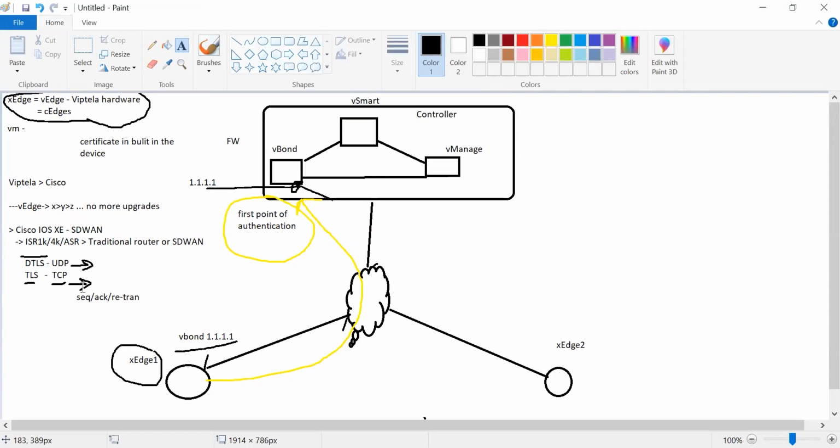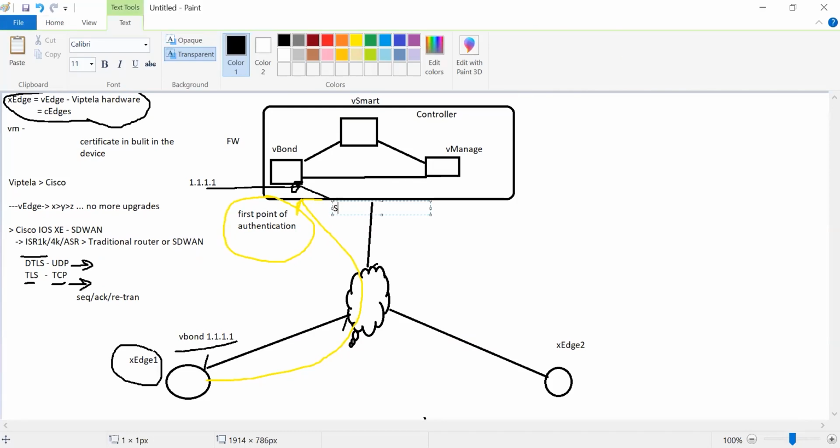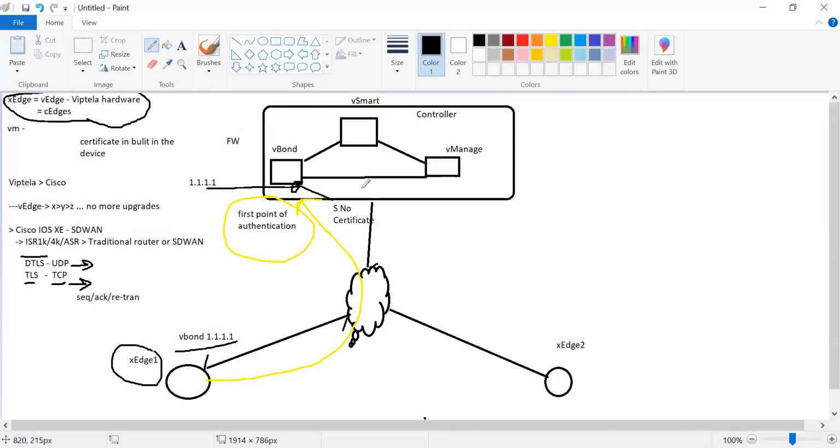So when this XH device initiates a tunnel to vBond to integrate into the SD-WAN fabric, it carries its serial number and certificate. These two parameters are used to determine that this is an authenticated device trying to integrate into our network.